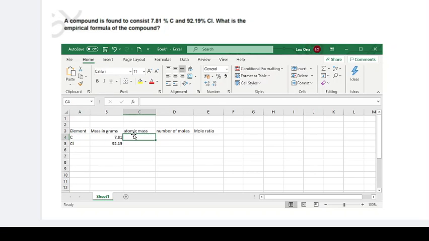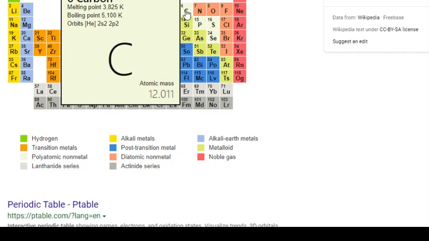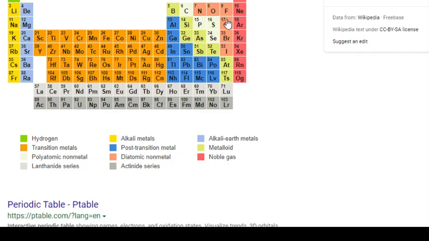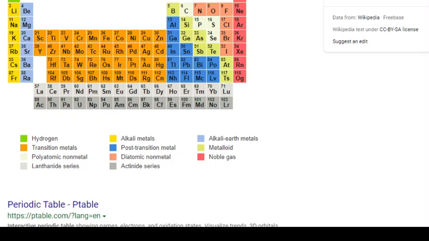We will look at the periodic table of elements to find the atomic mass of carbon. So as we can see, this is carbon, that's 12.01. We will use that. And for chlorine, that's 35.45, or maybe we can use the whole 35.453. So we'll copy that.